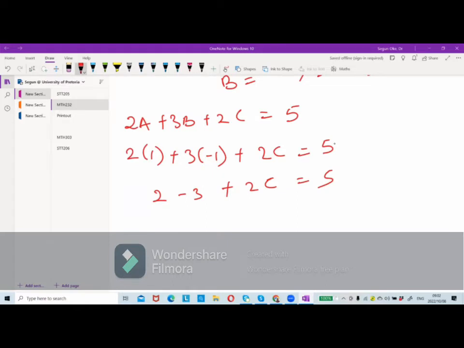So this together is what? Negative 1 plus 2c equals to 5. Take this one to the other side. 2c is equals to 6. Our c is equals to 3. Do we agree?